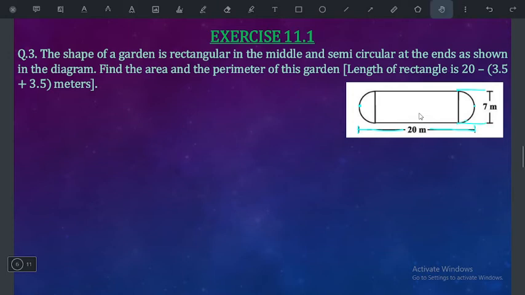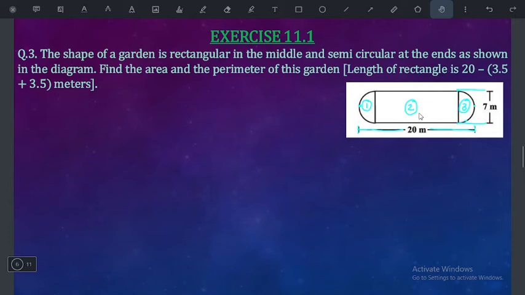Here total three shapes, 1, 2, 3. Find the area and the perimeter of this garden.